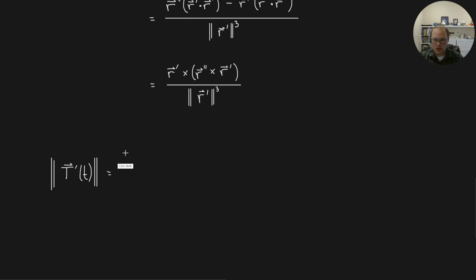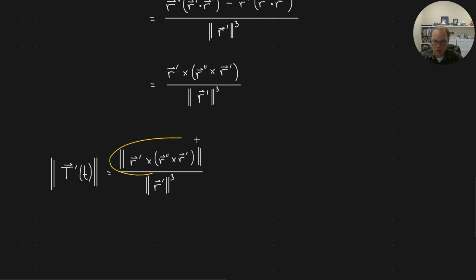So that's going to be the norm of r prime cross r double prime cross r prime. And since the denominator r prime cubed is just a positive scalar, I could pull it out of the norm, and it could just be sitting by itself.